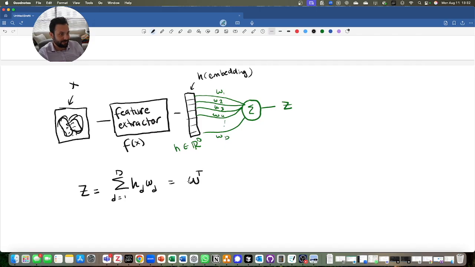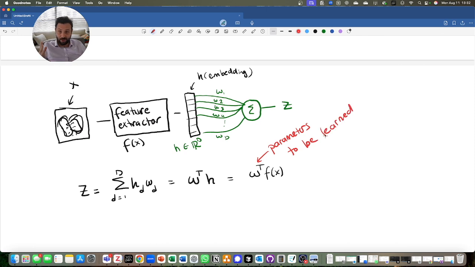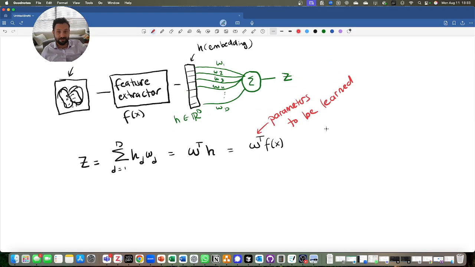I'm learning a vector w transpose times h, where h is obtained by my f of x. Right. So right now, this is the set of my parameters to be learned.